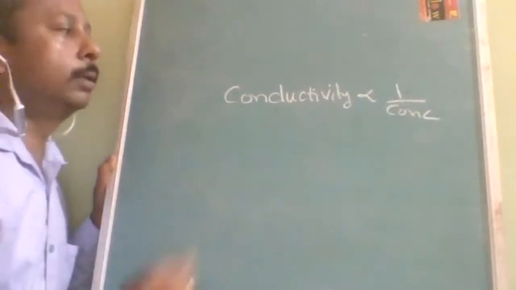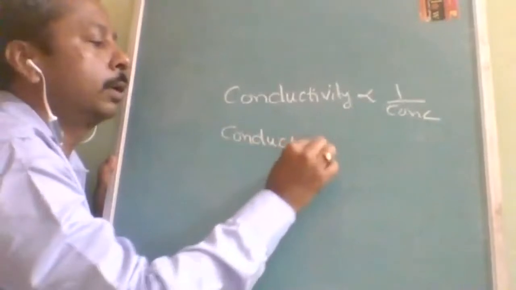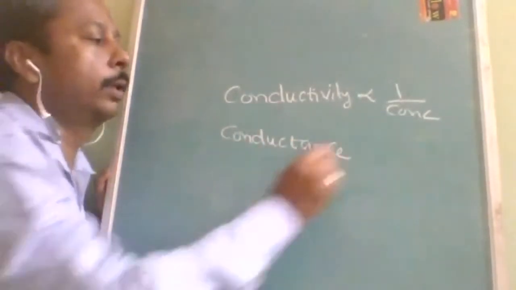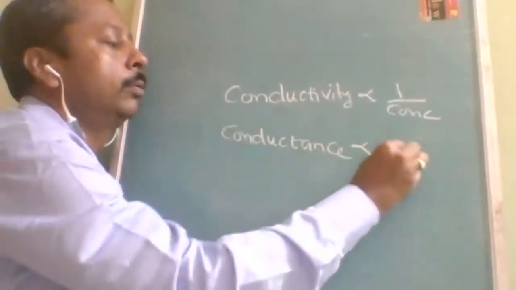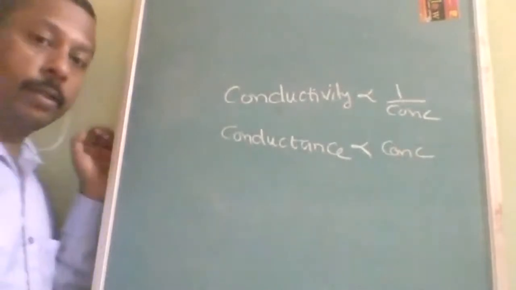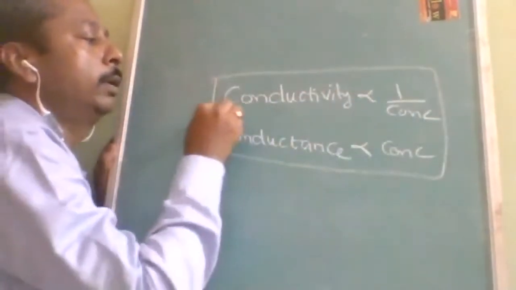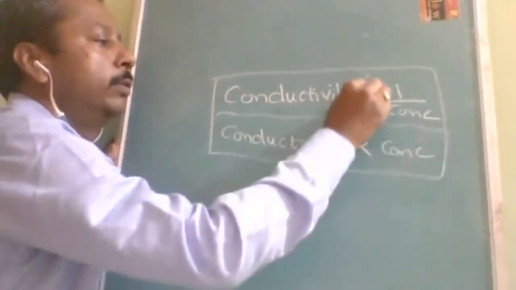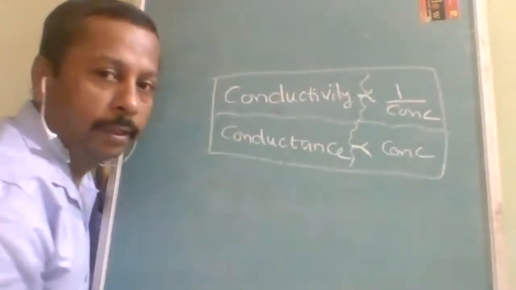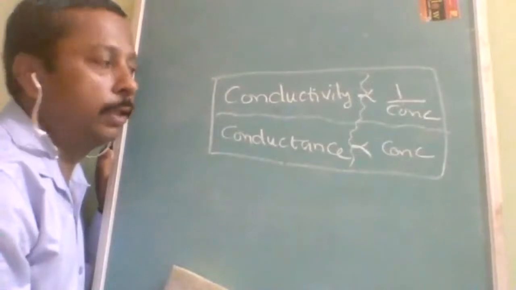But if I talk about the conductance, conductance is directly proportional to concentration. So that is the variation. Based on this point, many questions are framed, so while solving numericals and conceptual questions, you should keep it in mind.